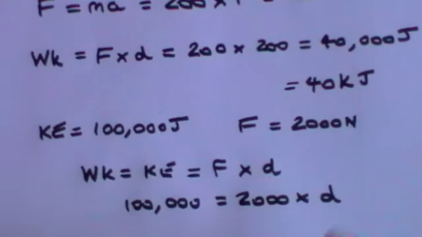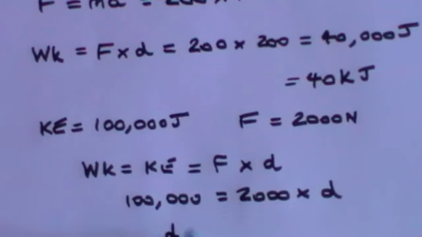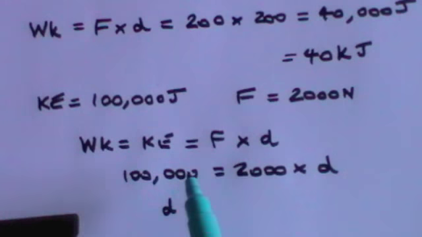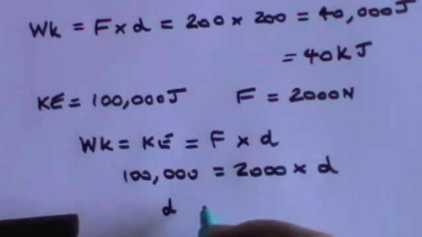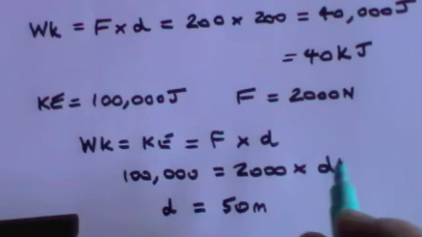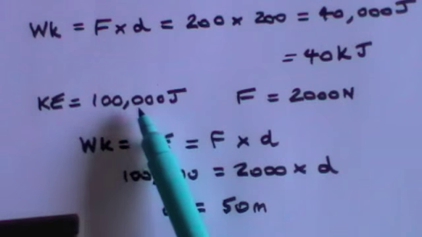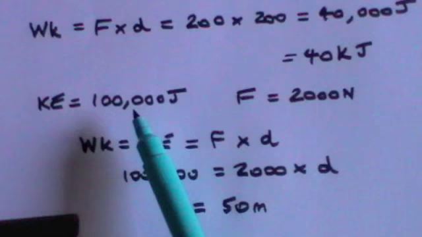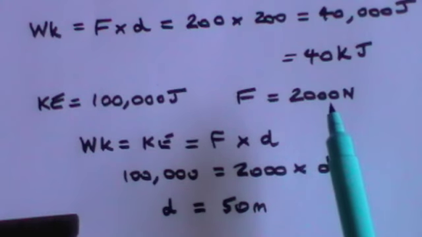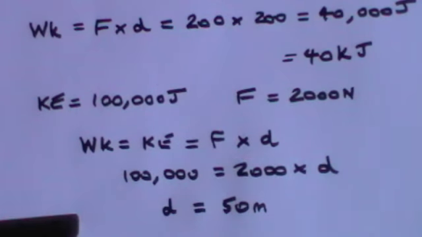The only thing we don't know is the distance. So the distance is going to be equal to 100,000 divided by 2,000, which is 50 metres. So it will take 50 metres for that car to come to a halt if it starts with 100,000 joules of energy and you're applying 2,000 newtons of braking force.